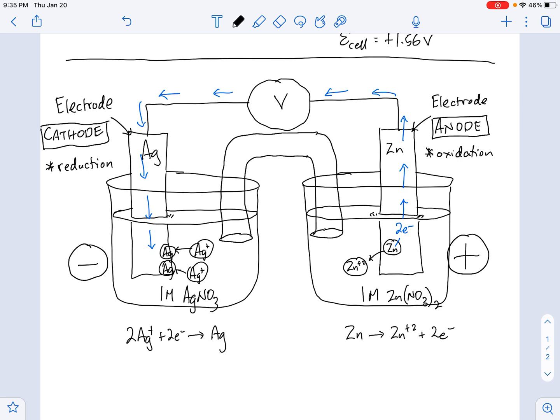And so a U-tube is literally a bridge. And what you would do if you're building an electrochemical cell is you set the thing up so that it actually has solution in it.